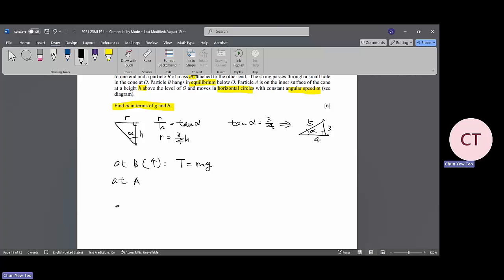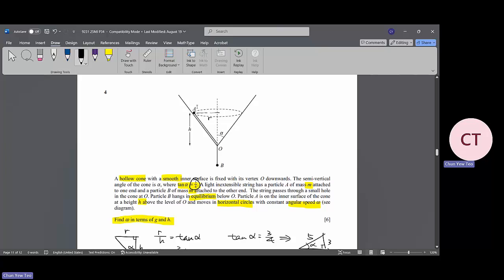You can see that A is over here. Then this is the normal contact force R. This is the mg. And this is the alpha. This is the tension, okay?